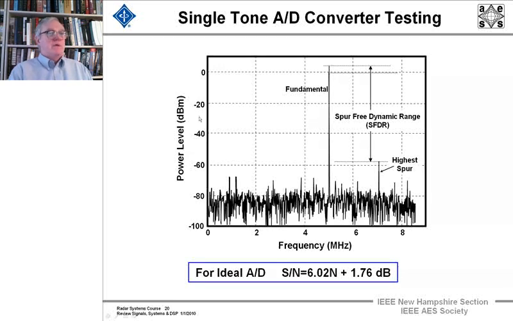And dBm is the 5 megahertz tone. Now, we refer to the spur-free dynamic range as the distance between the peak of the fundamental and the highest spur. That is the highest side lobe that comes up. So this is just a definition of the spur-free dynamic range, where here is the background.